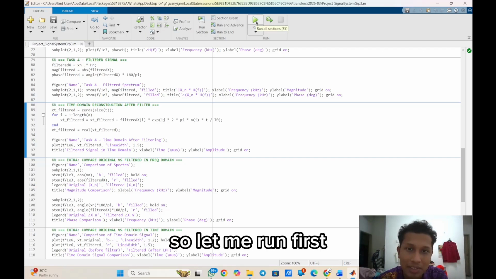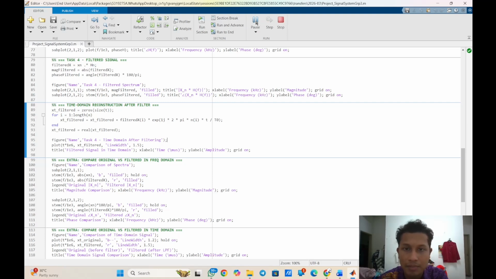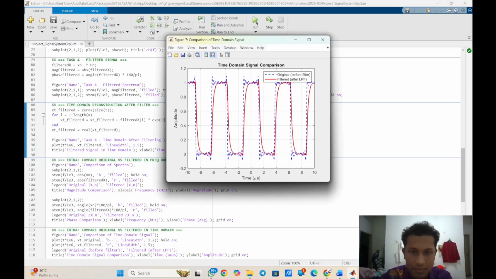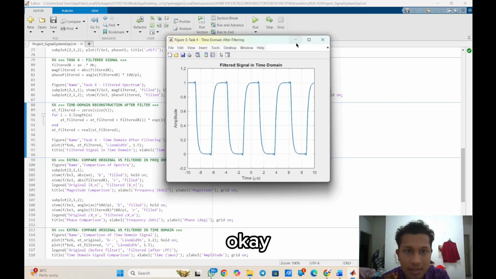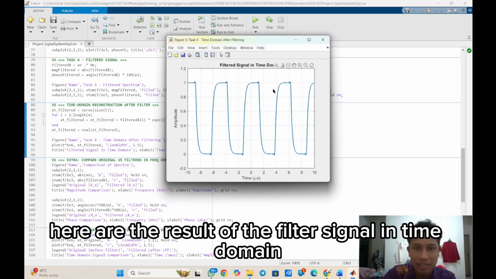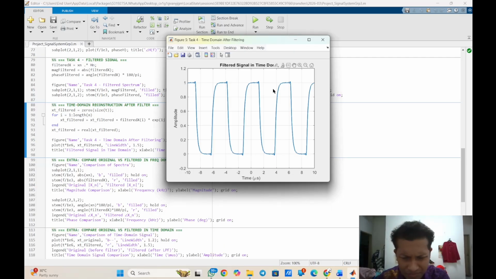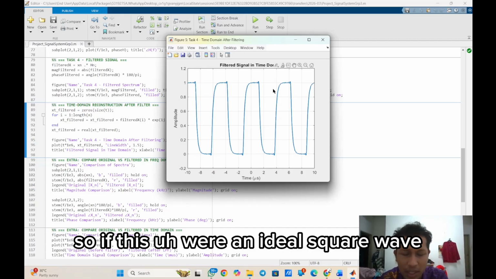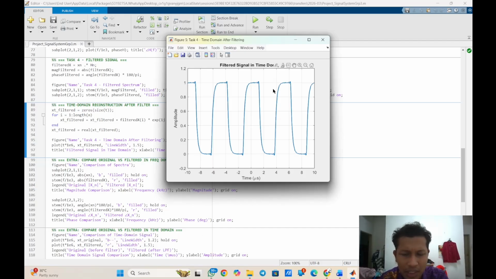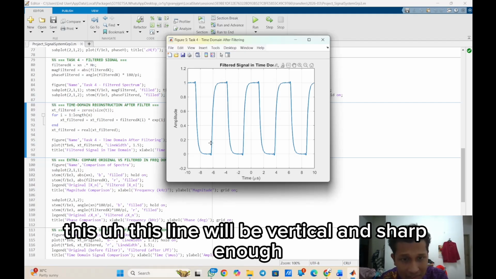So let me run it first. Okay, here is the result of the filtered signal in the time domain. If this were an ideal square wave, this line would be vertical and sharp.